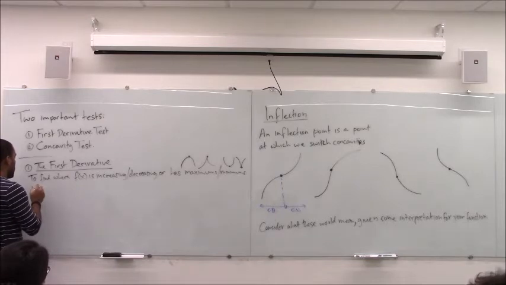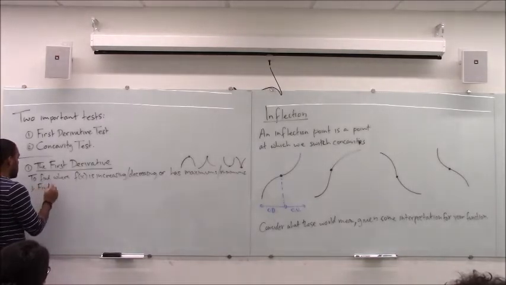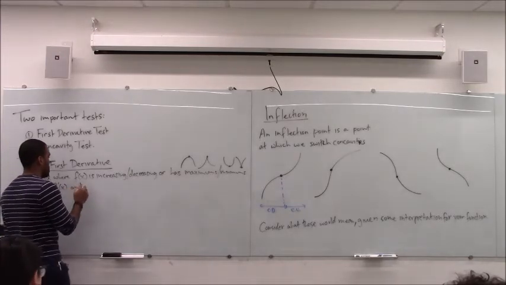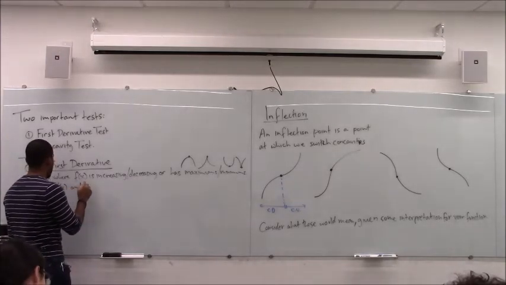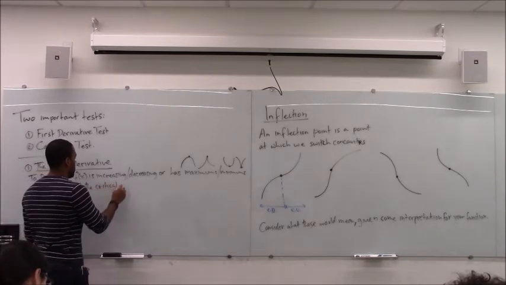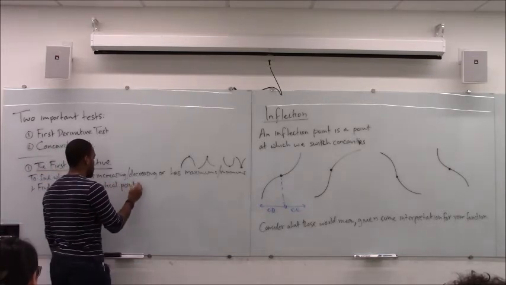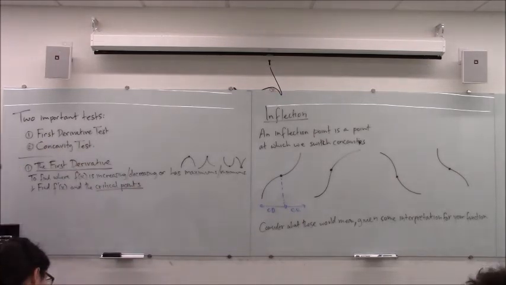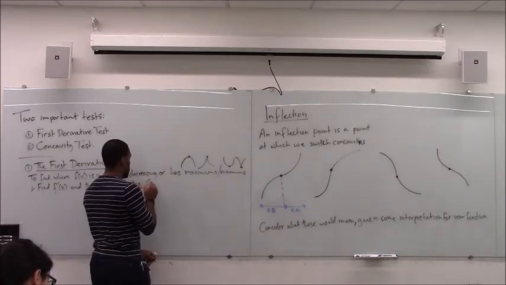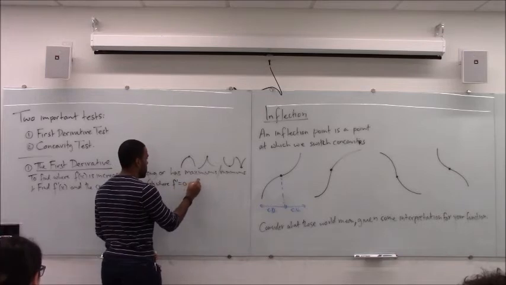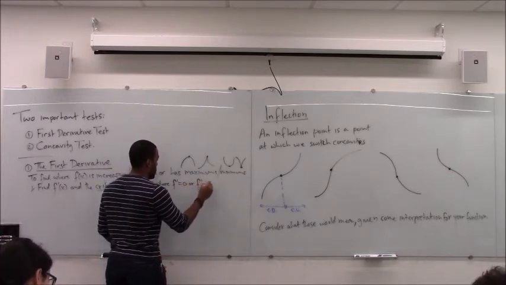So for one, you are going to find f prime and the critical points. Now, what is a critical point? These are points where f prime equals 0 or f prime is undefined.